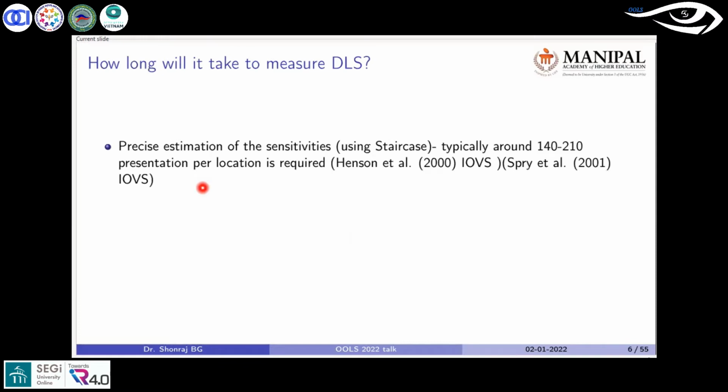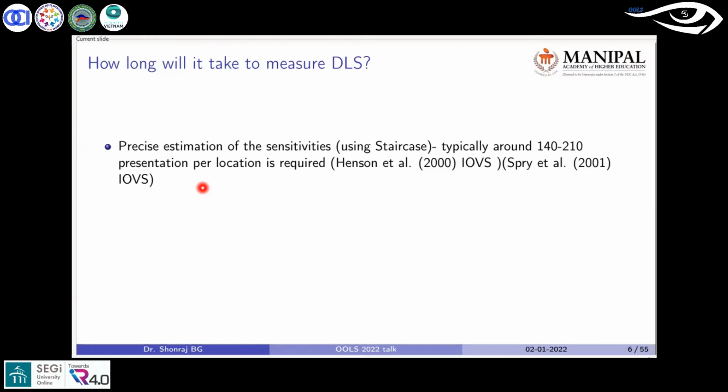Now, to accurately measure this DLS, or differential light sensitivities, at different locations in your visual fields, you need a minimum of 140 to 210 stimulus presentations.